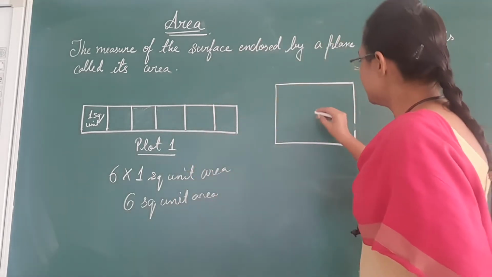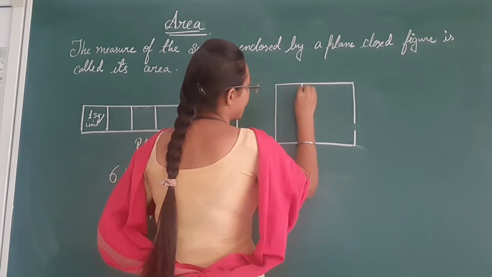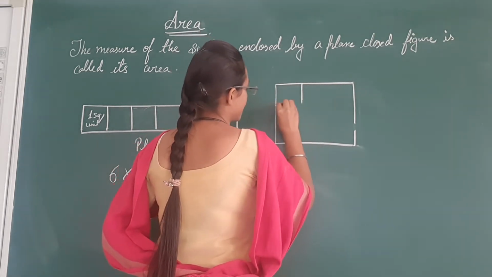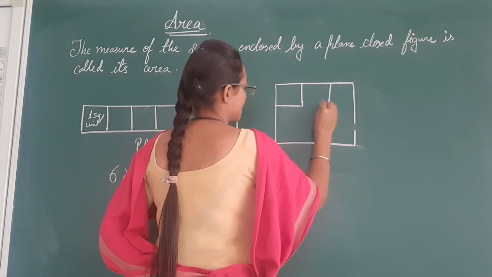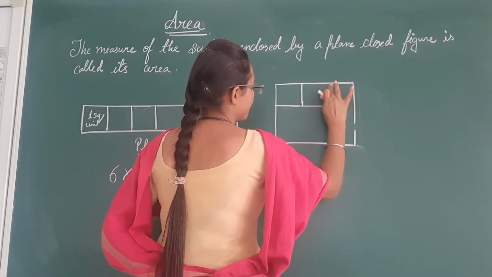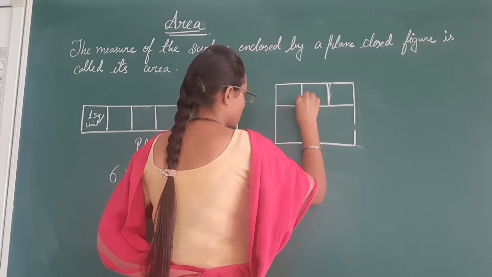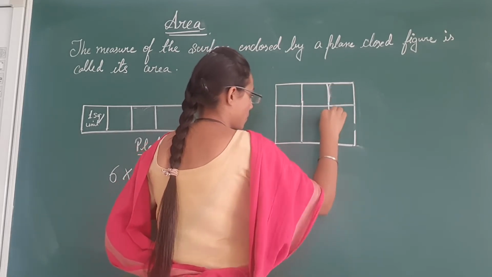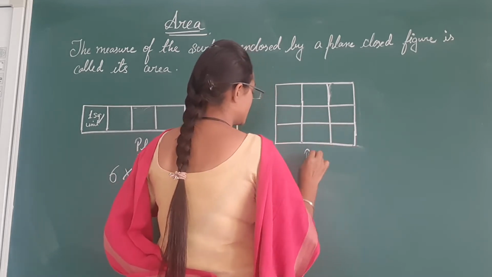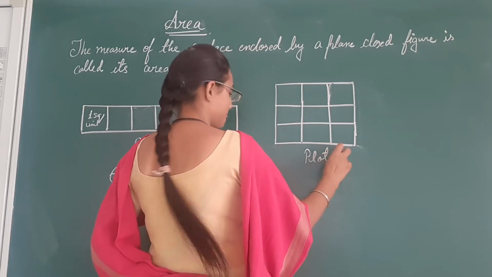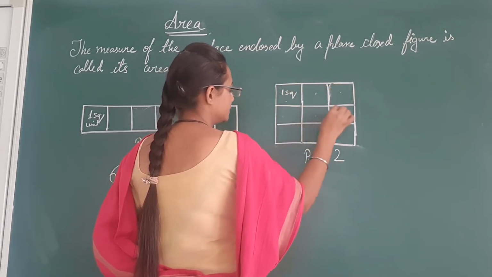In the second one, when he put the tiles in it, he saw that all are the same, 1 square unit each.